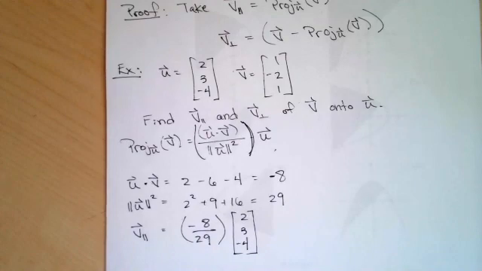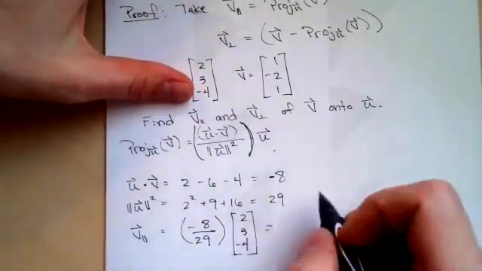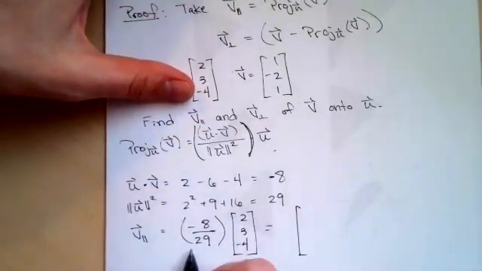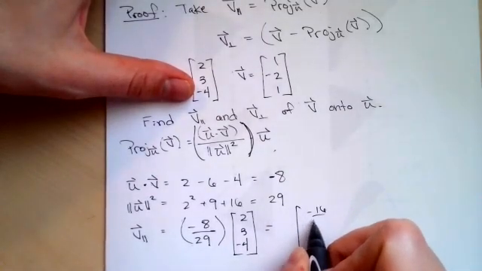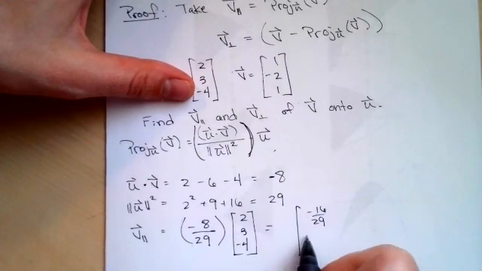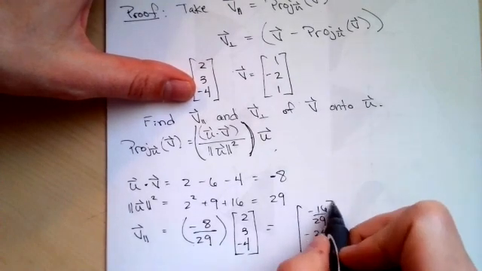So with these types of calculations, I'm fine with you guys leaving a scalar multiple times a vector, especially if multiplying those out is not going to make things look nicer, right? It's easier to write it as this scalar multiple. Multiplying things out, not too difficult. We're just going to have to throw in that denominator in each component. And then the third one, 32 over 29. And it kind of just makes a lot more to write out.